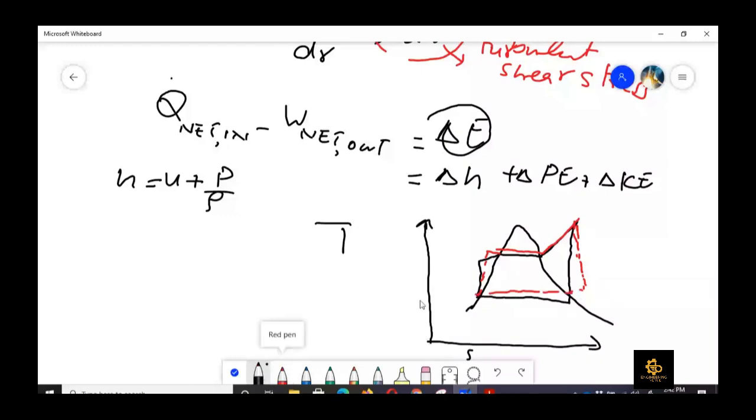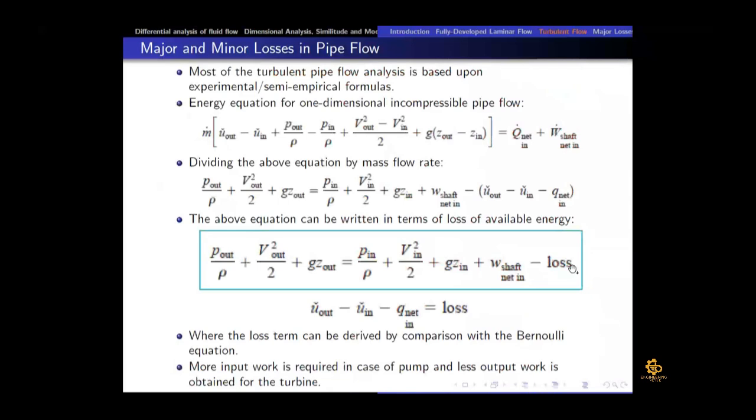This is pump work. Here you can see that for the dotted line or the red line, it has been increased by an amount, and the turbine work has been reduced. Right, so that is the concept written in the last bullet point here.